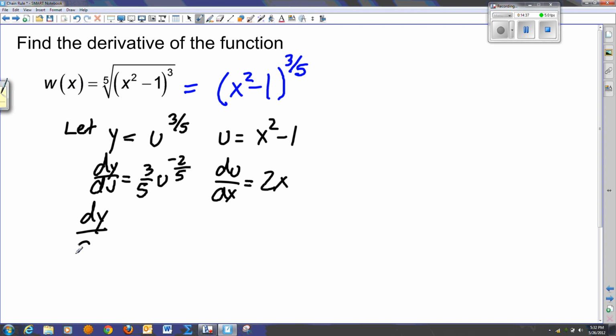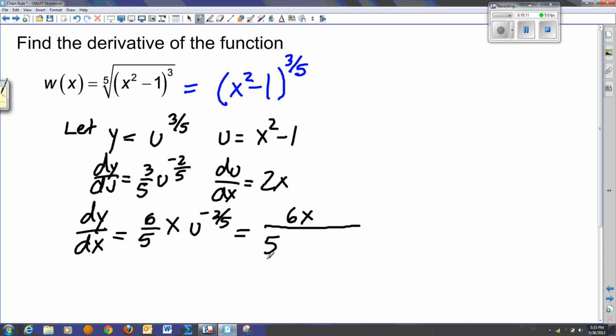Gone through that a couple of times already. So dy/dx in this case, I'm going to multiply my constant terms, 3/5 and 2 together, giving me 6/5. And then I have the x left, and then I have the u to the -2/5. And I'll clean that up in the next step. So I'll have 6x over 5.